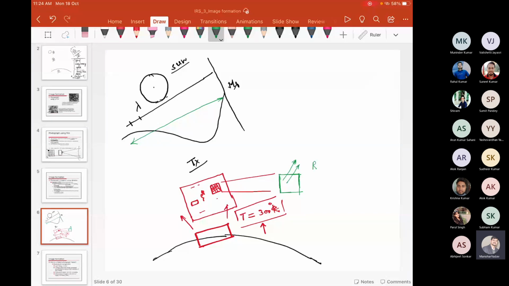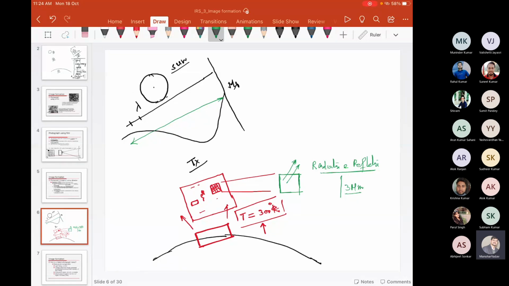That could be radiated, and it could be reflected, or both. So here we discuss the concept of the 3 micrometer dividing line.